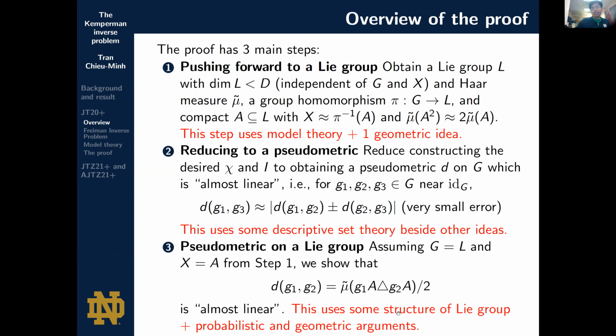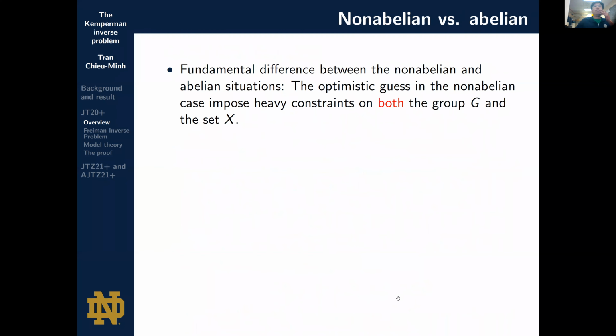Okay, so maybe before we go ahead, let me mention one of the fundamental difficulties between the non-abelian problem and the abelian problem: these situations are quite different from one another. The optimistic guess in the non-abelian case imposes a heavy constraint on both the group and the set.